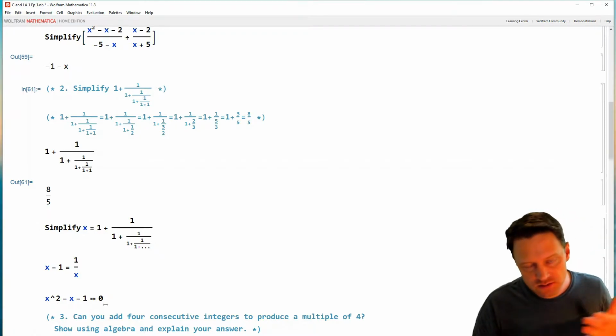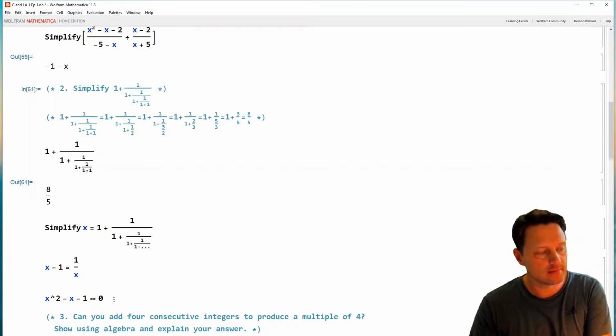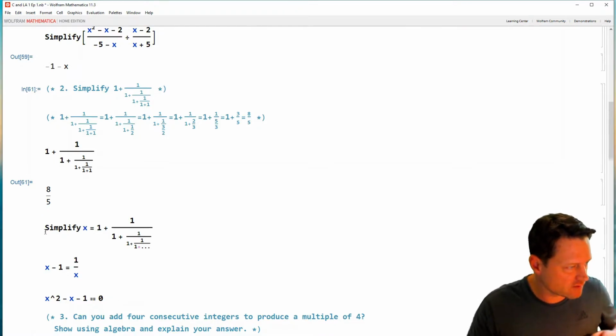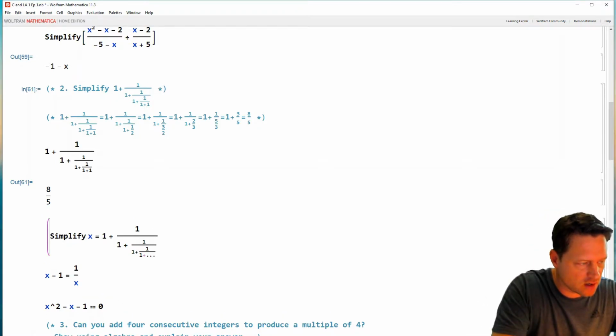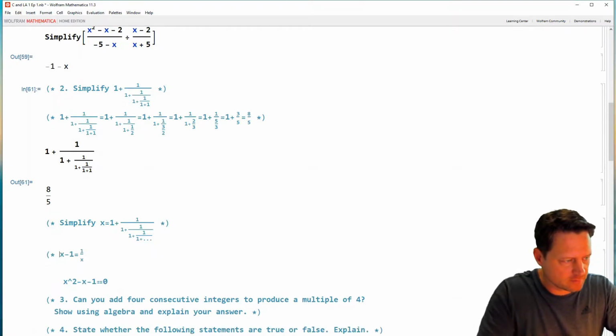I can use the quadratic formula, I can factorize this, but this probably involves the square root of 5. Okay, so I'll turn this into a comment, and now I'll show you how to use the computer to help you solve that.